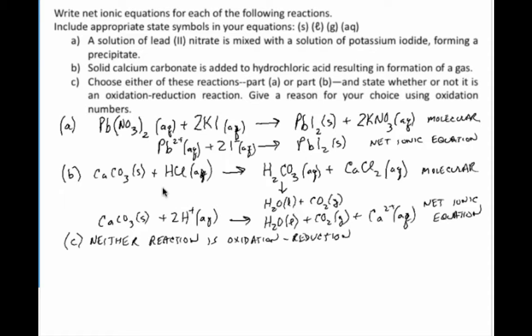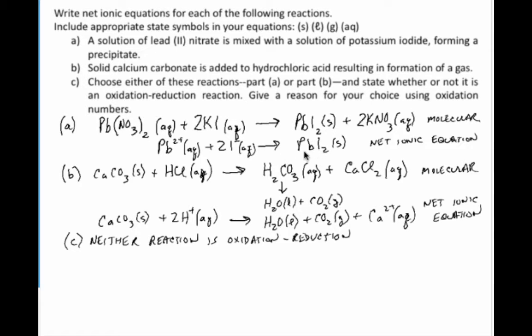The other thing that you have to take a look at is the oxidation states of each one of the metals. Lead is in the +2 oxidation state on the left-hand side. It is in the +2 oxidation state on the right-hand side. Nitrate does not change. Iodide is -1 on the left. Iodide is -1 on the right.